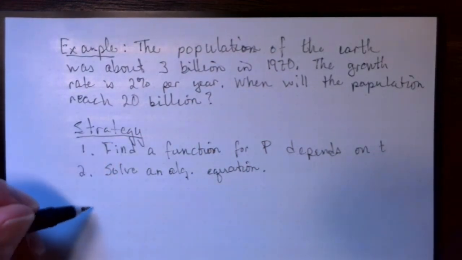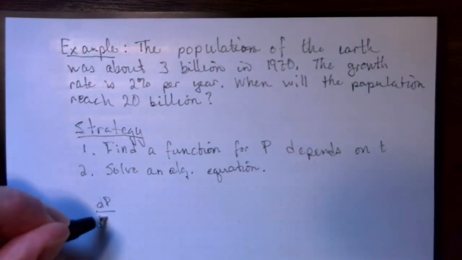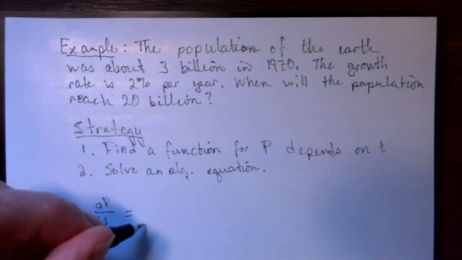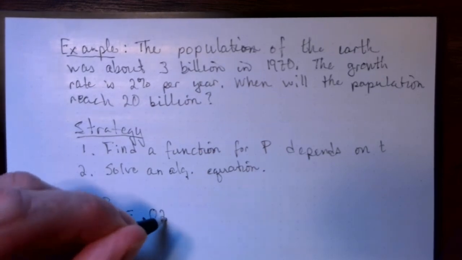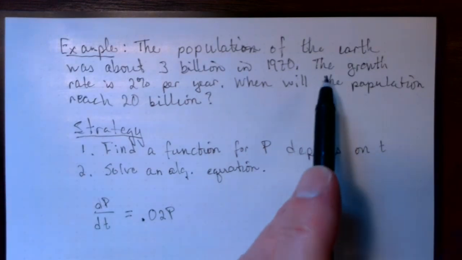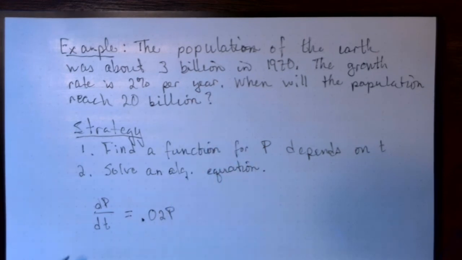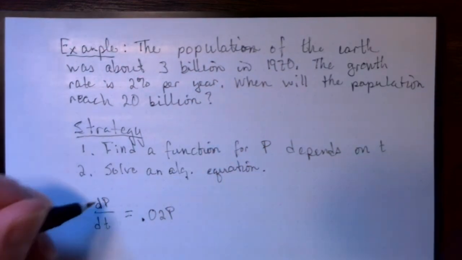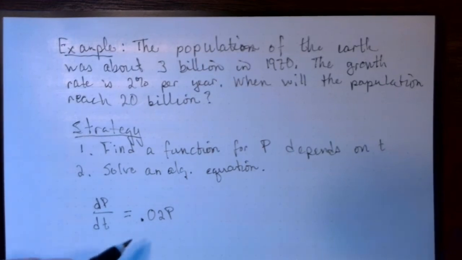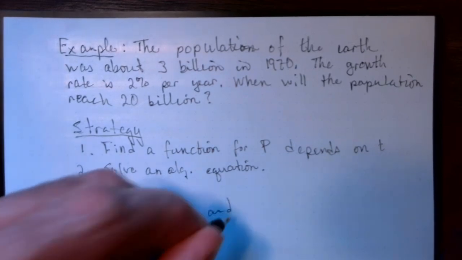Okay, so this is our differential equation. Change in population with respect to time is equal to 0.02 times the current population. That's what this sentence right here is saying. The growth rate is 2% per year. So that means the change in the population with respect to time is equal to 2% of the population at that time.